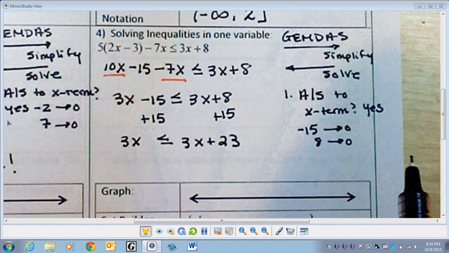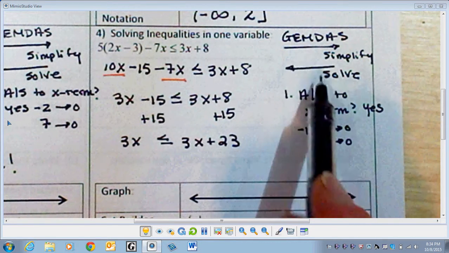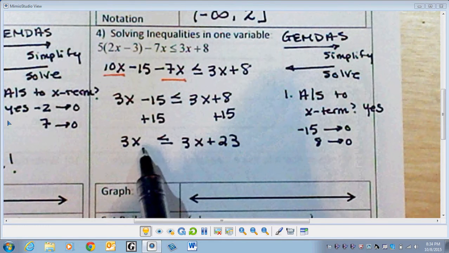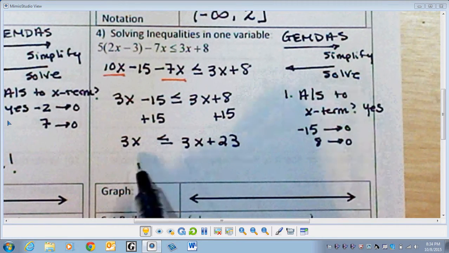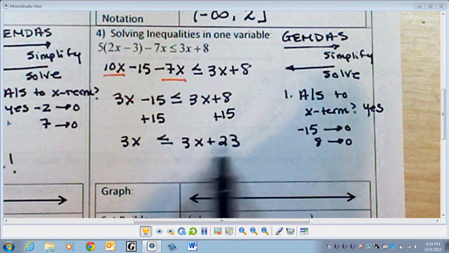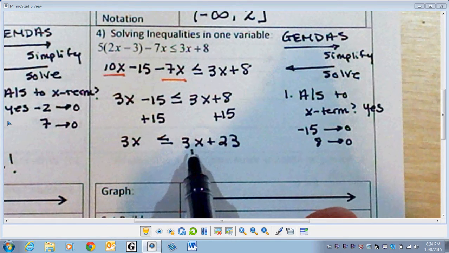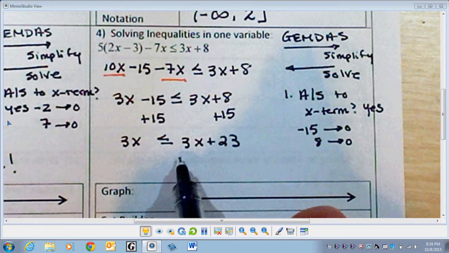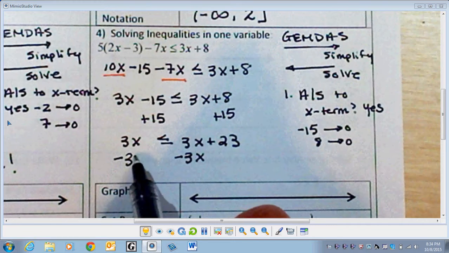Okay, so just like in the other situation, if I were to then go through this whole GEMDAS thing again and subtract the 23, I would end up putting it with this 3x over here. And I would be doing that forever. So at this point, I have to realize I'm going to use the reflexive property, which means I want to get this 3x over to the other side. I'm going to subtract it, so what I do to one side I do to the other.